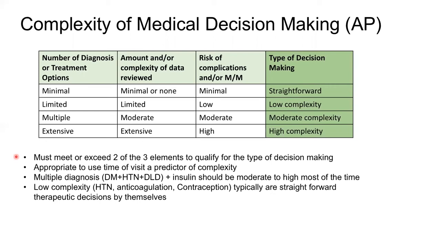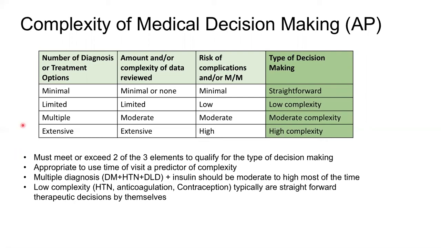Now, when we talk about the complexity of medical decision-making, this is really the meat and potatoes of E&M, where it scares a lot of pharmacists, and it's always confusing to me and Zach on why, because when you break down the components of medical decision-making, it's really not that difficult. There are 3 categories when determining medical decision-making: the number of diagnosis or treatment options.